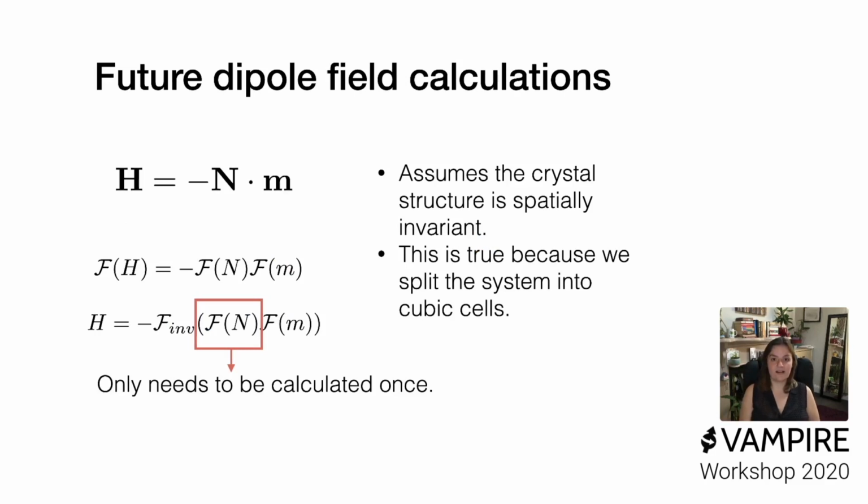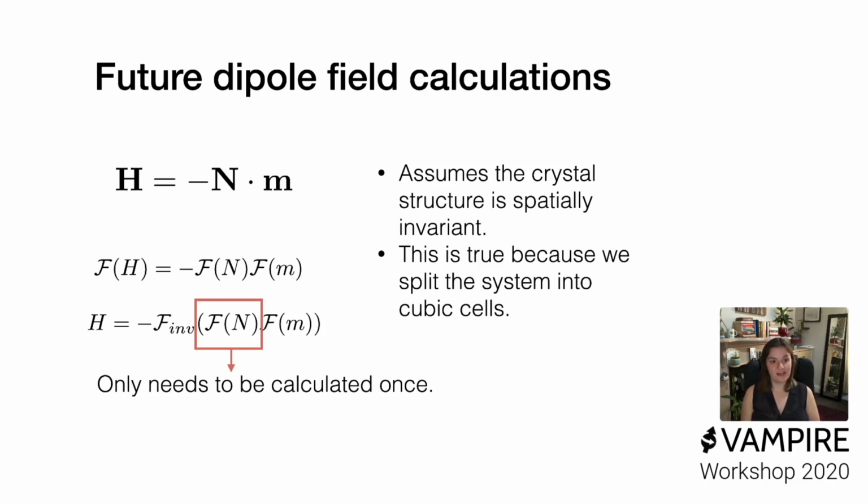The other calculation that we're looking at implementing is the FFT calculation. This assumes that the crystal structure is spatially invariant. This is true because we split the system into cubic cells, so all of our systems should be spatially invariant. And then we calculate a Fourier transform.